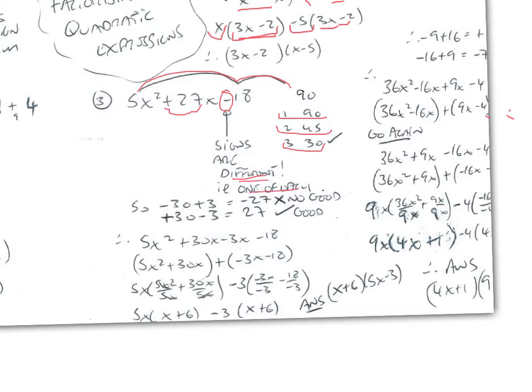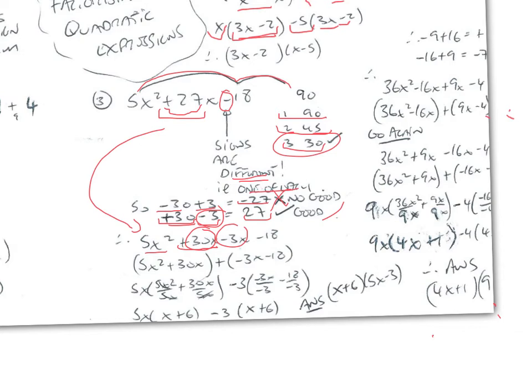So let's use a minus and a plus with 3 and 30 and see what happens. We're looking for plus 27x. If we say minus 30 plus 3, that gives us minus 27. That's no good. If we switch the signs, what about plus 30 minus 3? That is 27. That's perfect, so we'll use that. We'll rewrite 5x squared, and instead of plus 27x, we'll say plus 30x minus 3x minus 18.